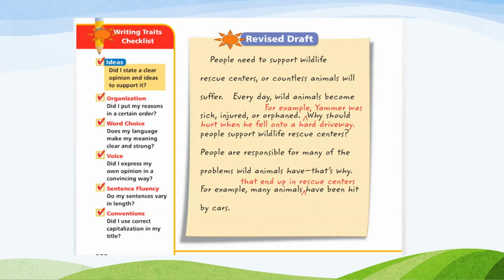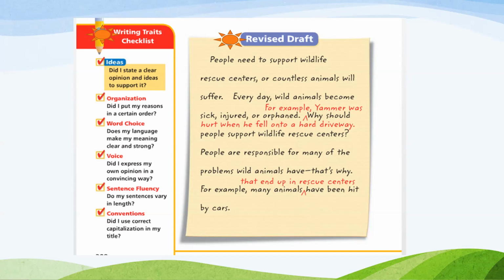So that is why we need to set our opinions and also our ideas to support the paragraph, or we can say our supporting points, that are the information that we want our readers to have, or that are our reasons. Okay, then we need to see if the paragraph is well organized, so we need to pay attention to the organization. And you can ask yourself, did I put my reasons in a certain order?